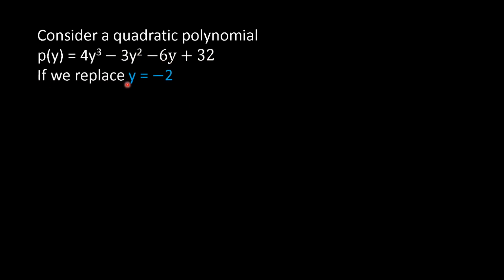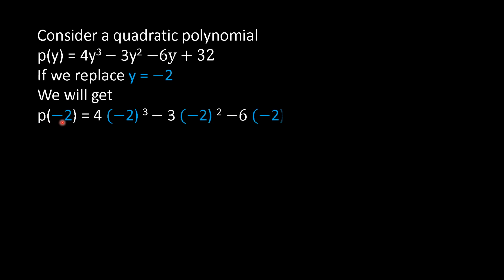If we replace y by -2, we will get p(-2), replacing this y by -2, this y by -2, and this y by -2. -2 cubed will be -8, -2 squared will be 4.